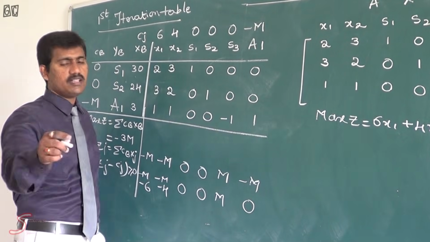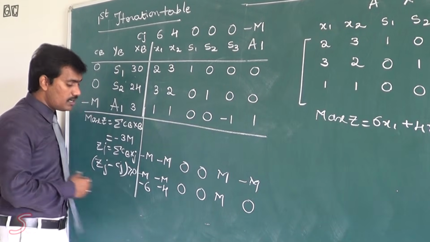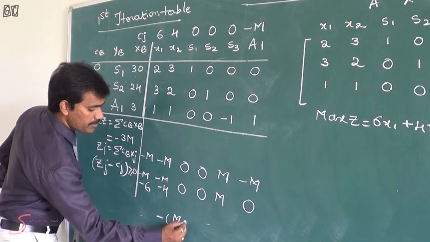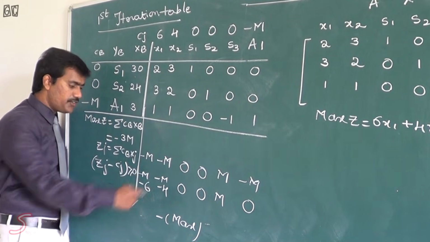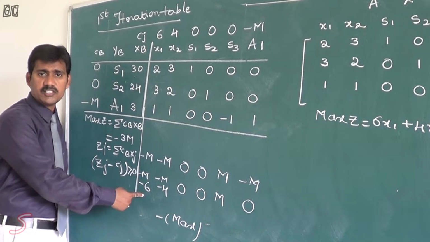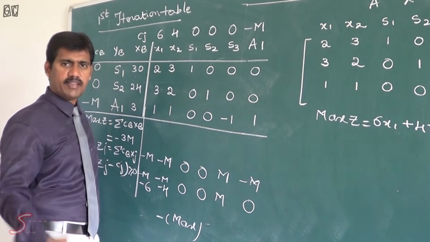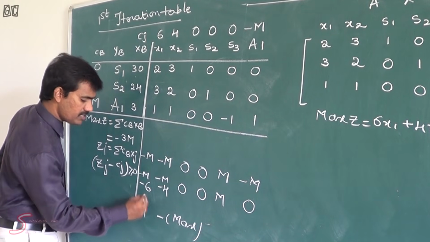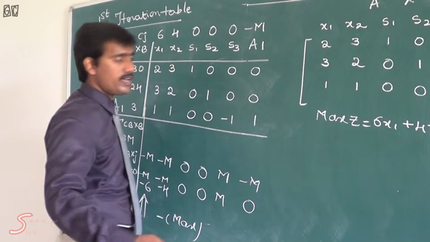In this case, the net evaluation condition is not satisfied, so we have to consider the minus of the maximum element. Taking minus common, m plus 6 and m plus 4. If you put m equal to 100, this is minus 106, this is minus 104, so the minus of maximum is obviously minus m minus 6.